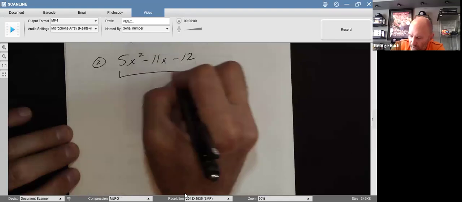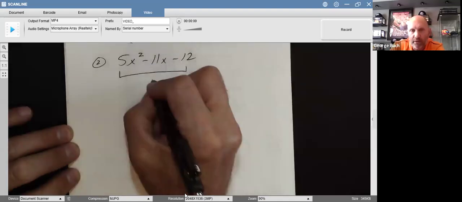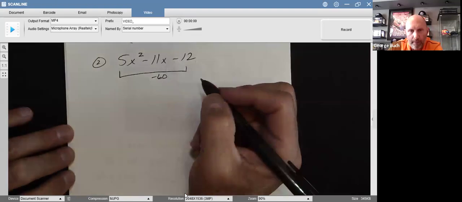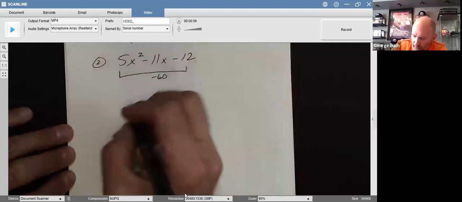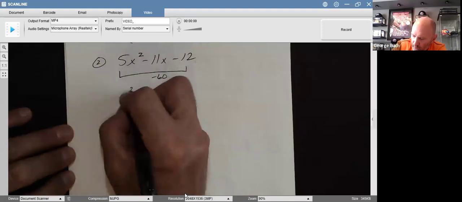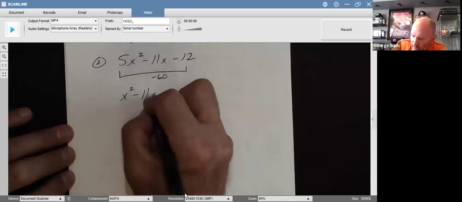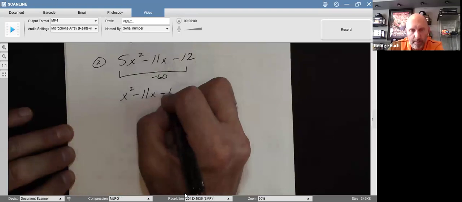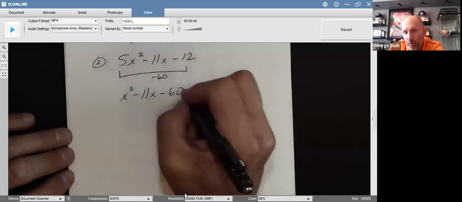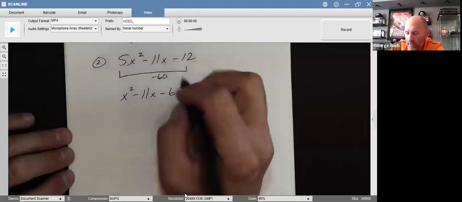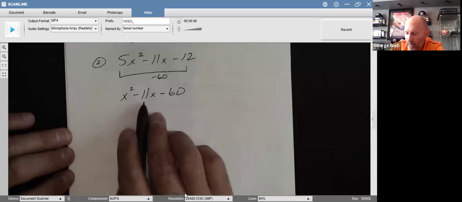So 5 times negative 12 is minus 60. So rewrite it without the 5 in the front. So x squared minus 11x minus 60. So now I need to come up with values that multiply together to get 60, but if I add or subtract them, I get 11.